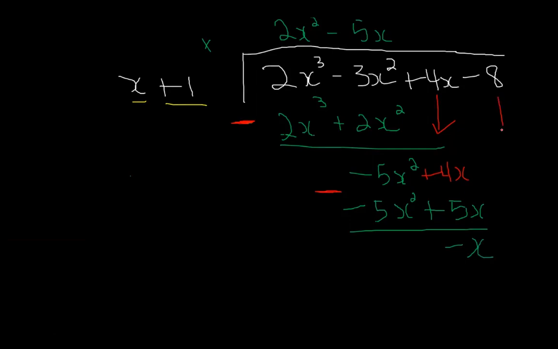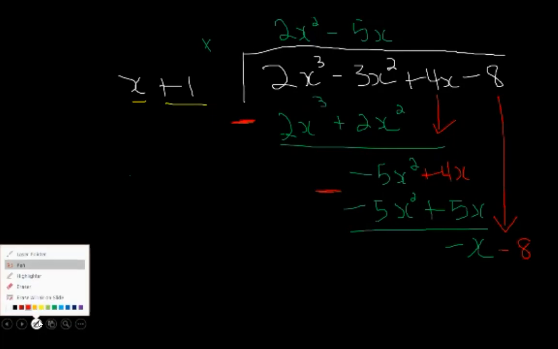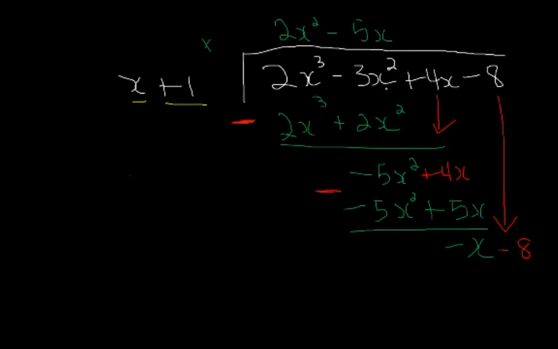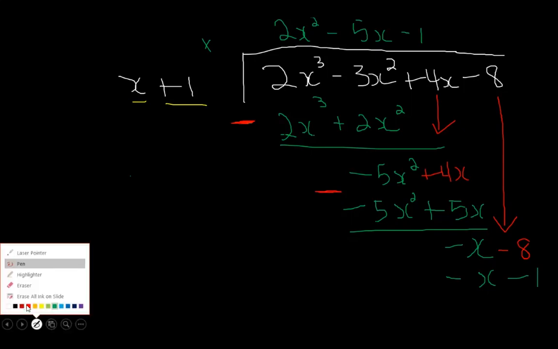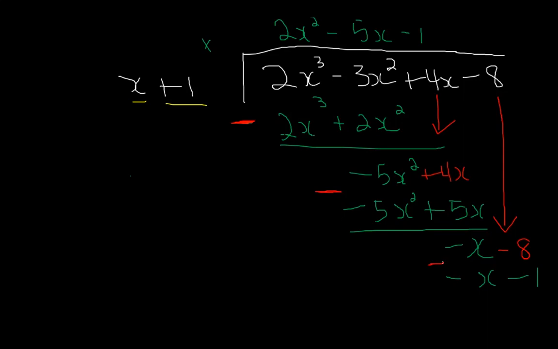Just like before, you bring down the next term, minus 8. You do the same process again. X into minus x gives me minus 1. Minus 1 multiplied by x is minus x. I have two terms, so I also have to say minus 1 multiplied by 1 is minus 1. Remember, we are always subtracting them.